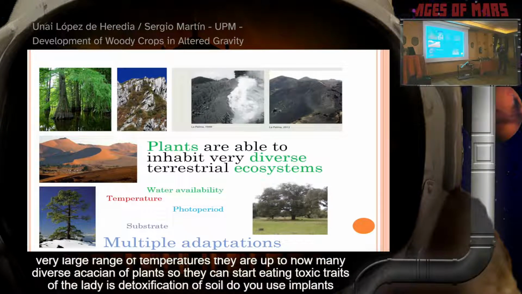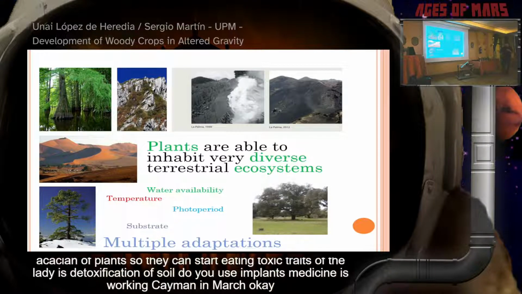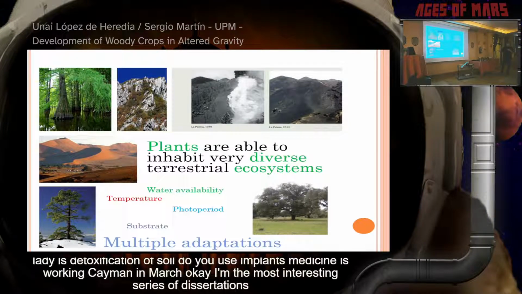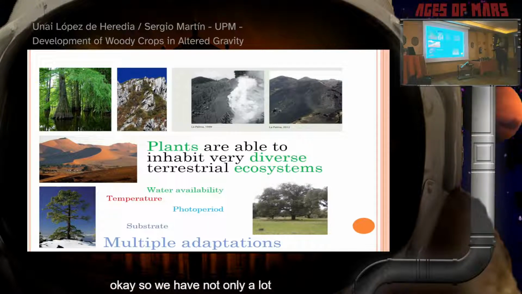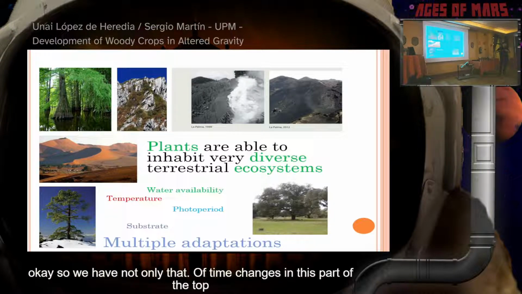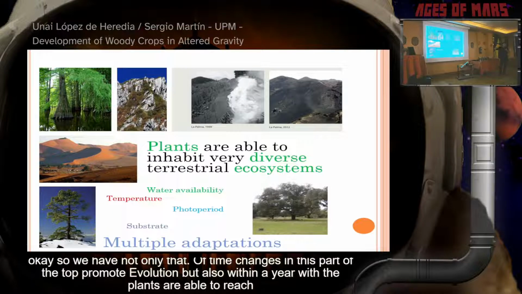This is very interesting if we are thinking of Mars. Okay, and the most interesting thing is that these adaptations have been produced in dynamic changes of these factors. So we have not only large periods of time with changes in these factors that have promoted evolution, but also within a year the plants are able to withstand very diverse conditions.